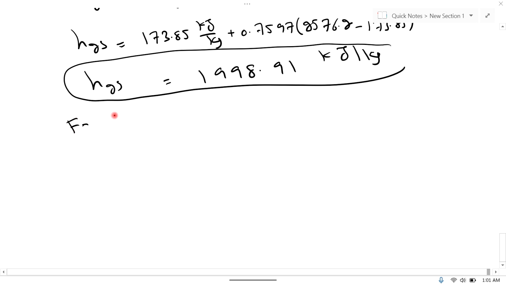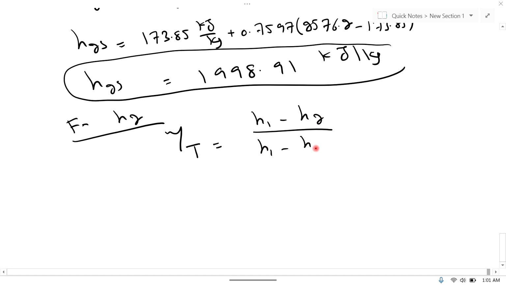And with the help of H2S, we will find H2. For H2, we know that the efficiency of the turbine, this is the formula from the book, is equal to H1 minus H2 divided by H1 minus H2S. Rearrange this equation and find H2. H2 is equal to H1 minus turbine efficiency times H1 minus H2S.